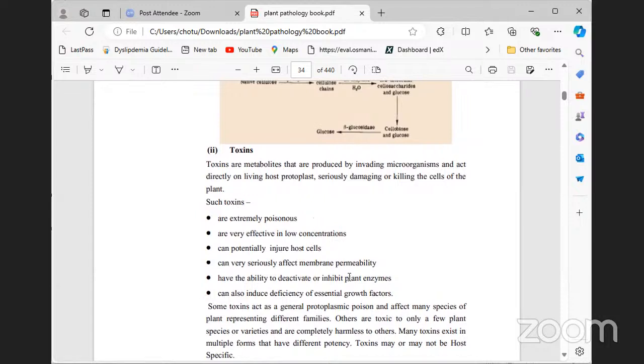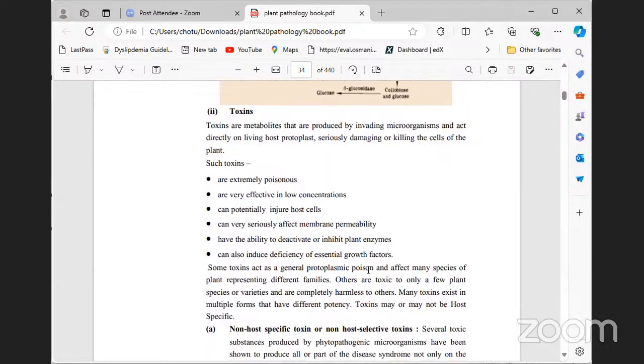They are extremely poisonous, very effective in low concentration, and potentially injure the host very seriously. They affect membrane permeability, have the ability to deactivate or inhibit plant enzymes, and can also induce deficiency of essential growth factors.